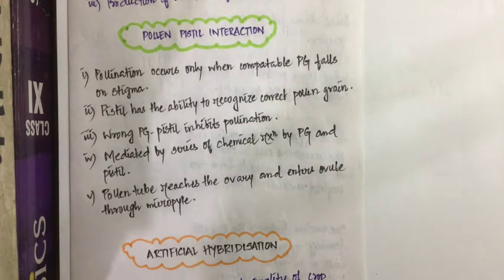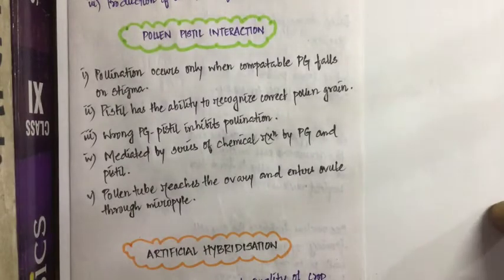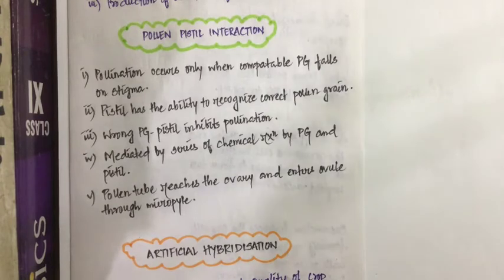So is it compatible for the rose plant? No. So the process of pollination won't occur. The process of pollination will only occur if the pollen grain is compatible and it falls on the stigma. If a pollen that is coming from a mango flower falls on the stigma of another mango flower, then only the pollen grain will undergo pollination.